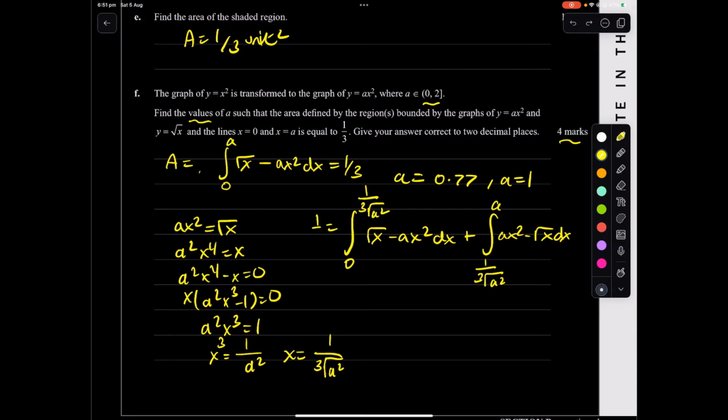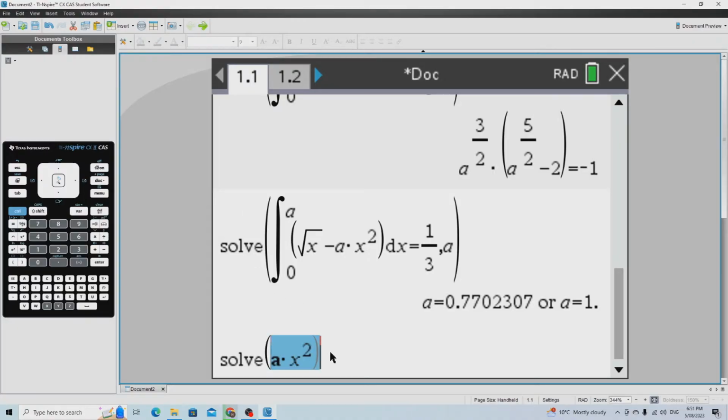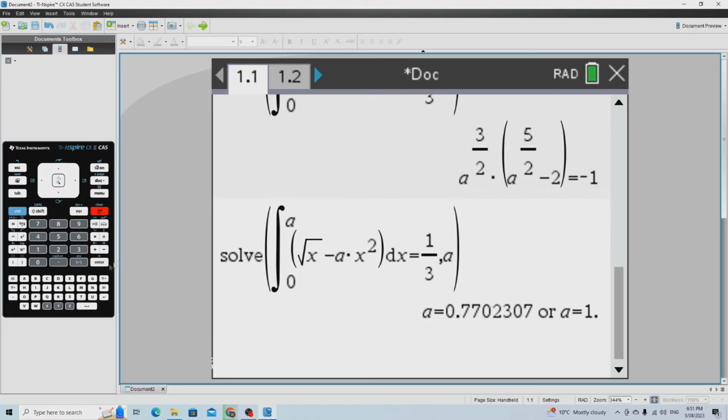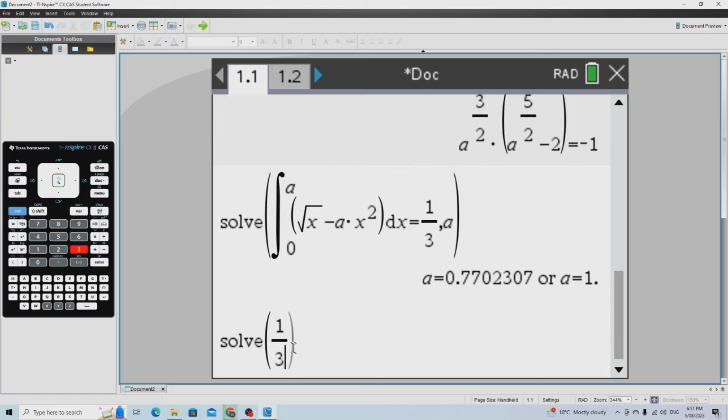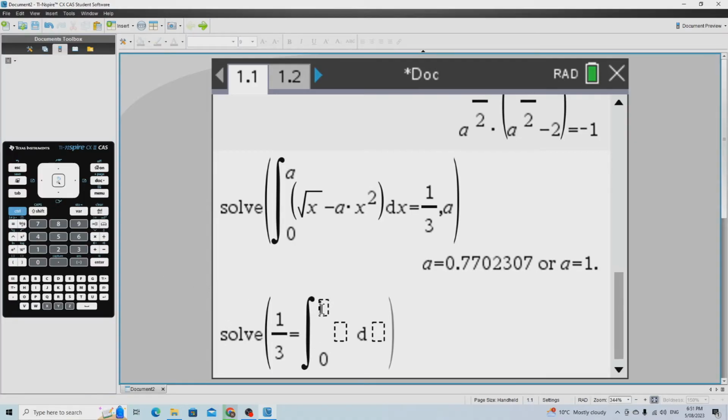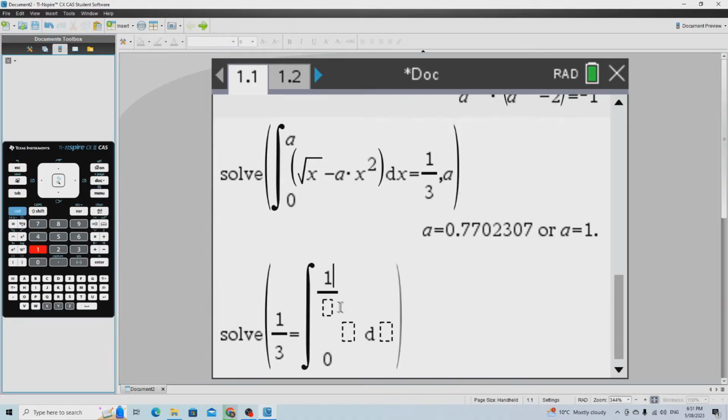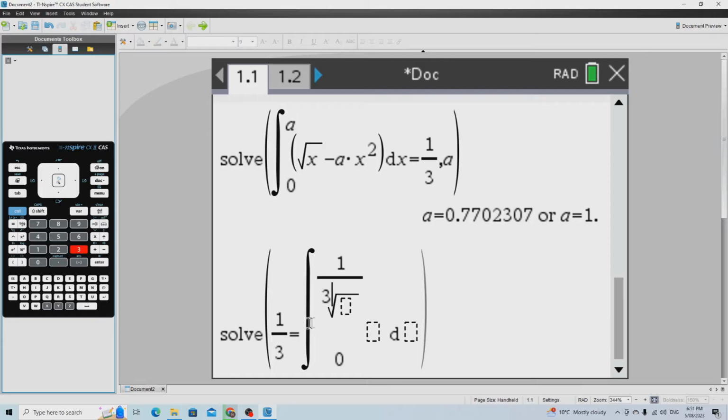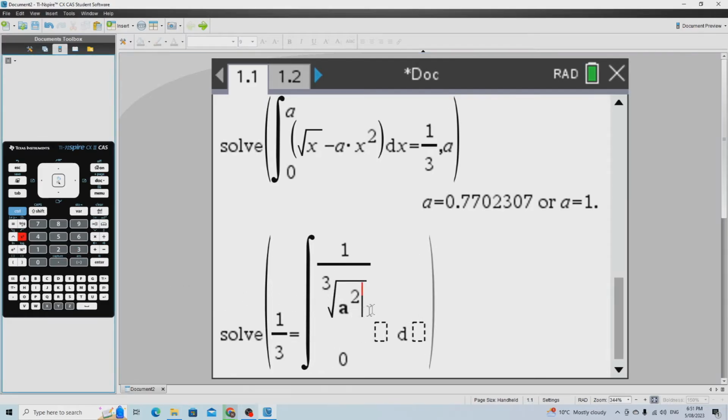No, 1/3. What am I doing? 1/3. So I'm putting this on the graph, and I should find an extra value of a. That's right. So we can say 1/3 equals, from 0 to 1 over the cube root of a squared.